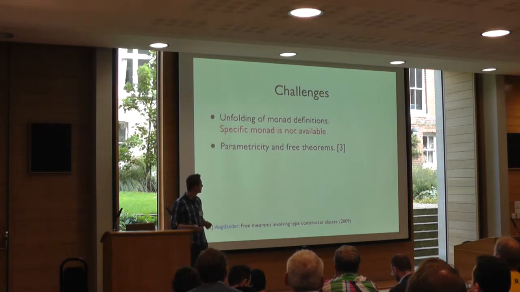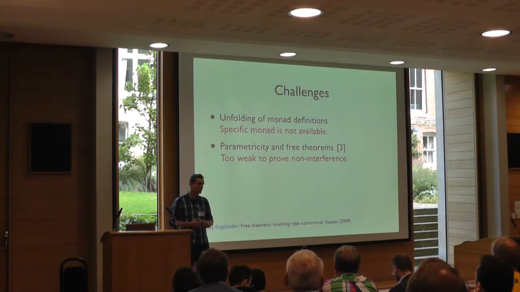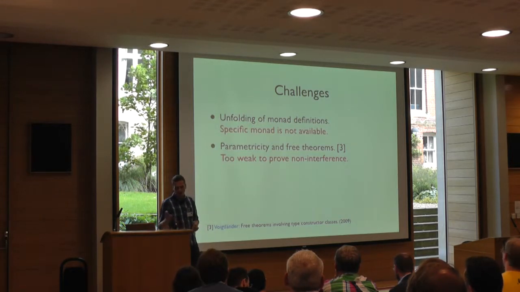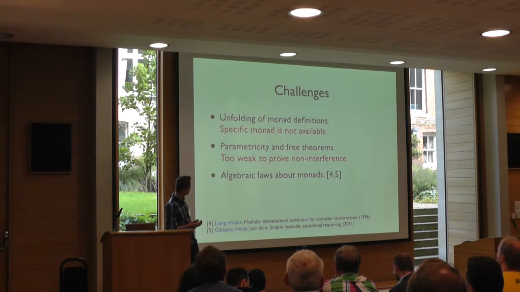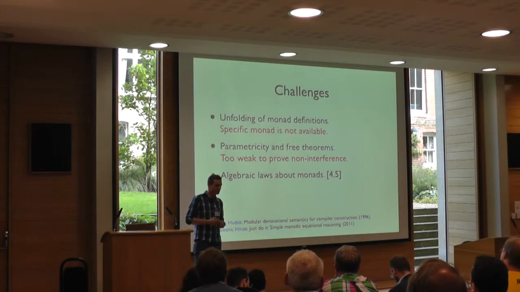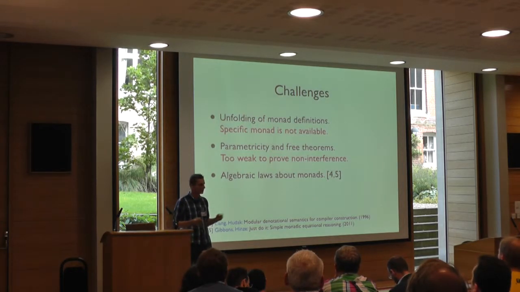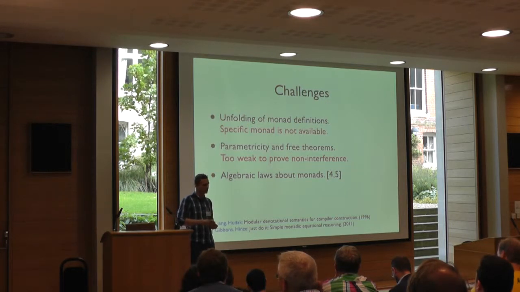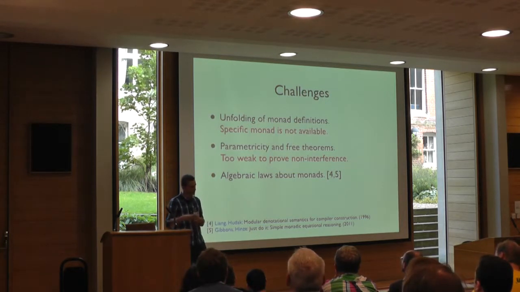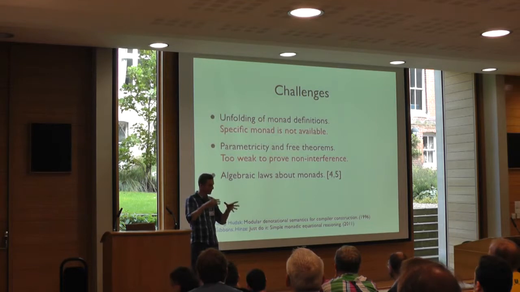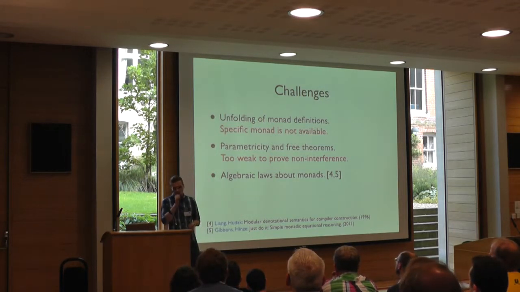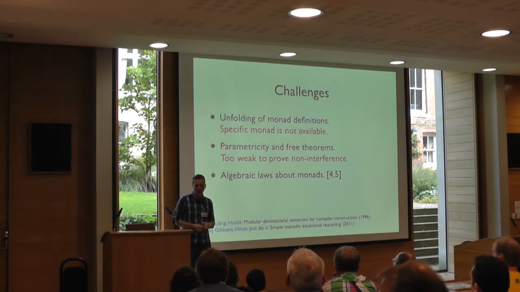However, unfortunately, those free theorems are not strong enough to prove the non-interference we are interested in. So what we can also do is use algebraic laws about monads. For example, for state, when we perform a put and a get and then a put of that exact same state, it's actually a no-op. So this kind of works, but it's limited.